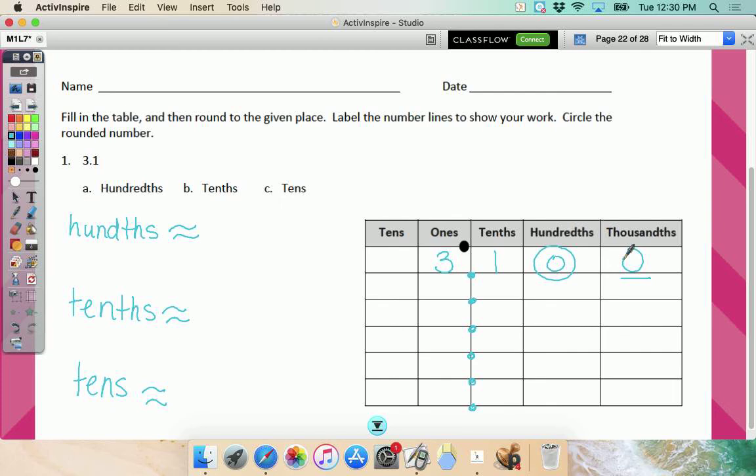Another time you might need to take it out to the hundredths is when you're measuring chemicals, and I can even think of farmers that might do it that way, okay? Because they have to measure chemicals all the time when they spray their crops, okay? And then, of course, if you work in the medical field, you're probably going to take it out to the hundredths, okay?